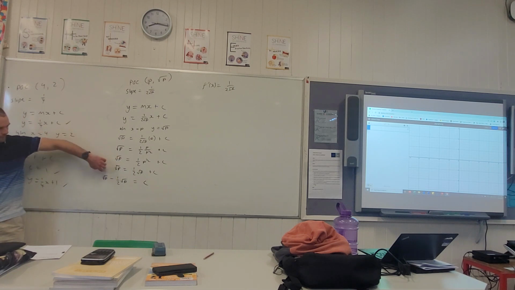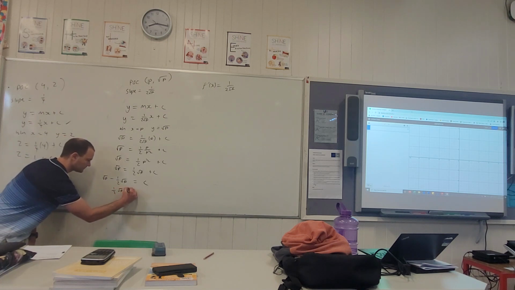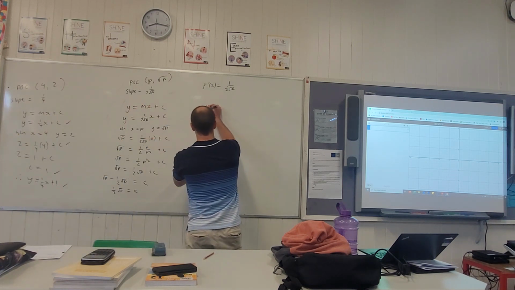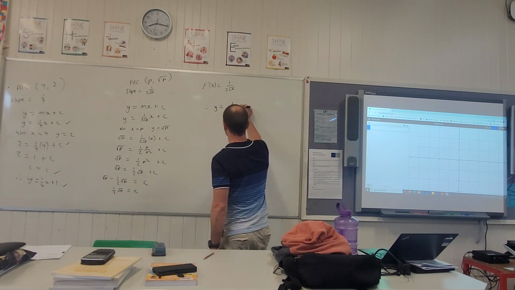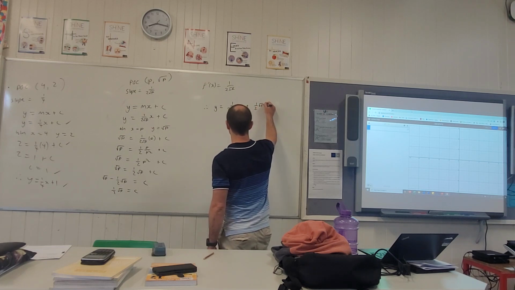We have one lot of the square root of p, take away half of the square root of p, so we're left with half of the square root of p. That's the value of c. So the equation of this tangent is 1 on 2 root p x plus half root p.